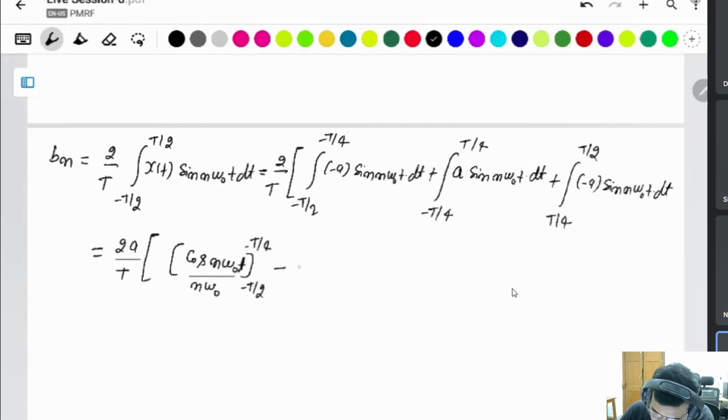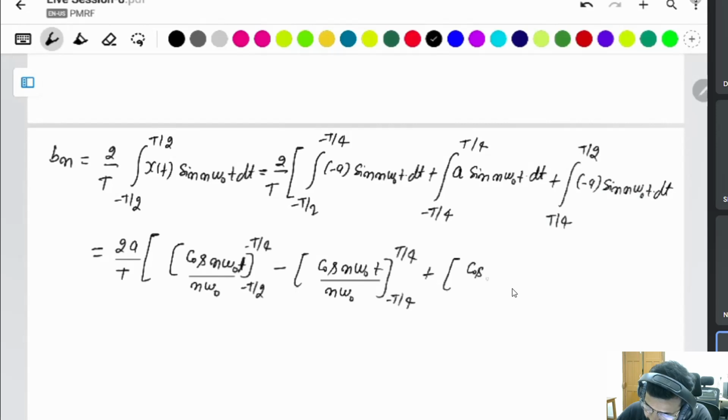Again, for the sinusoidal signal, this will be a negative part, cos of n omega naught t divided by n omega naught, from minus T by 4 to T by 4. This will be minus A, and integration of this one will be minus, minus becomes positive, cos of n omega naught t divided by n omega naught, from T by 4 to T by 2.